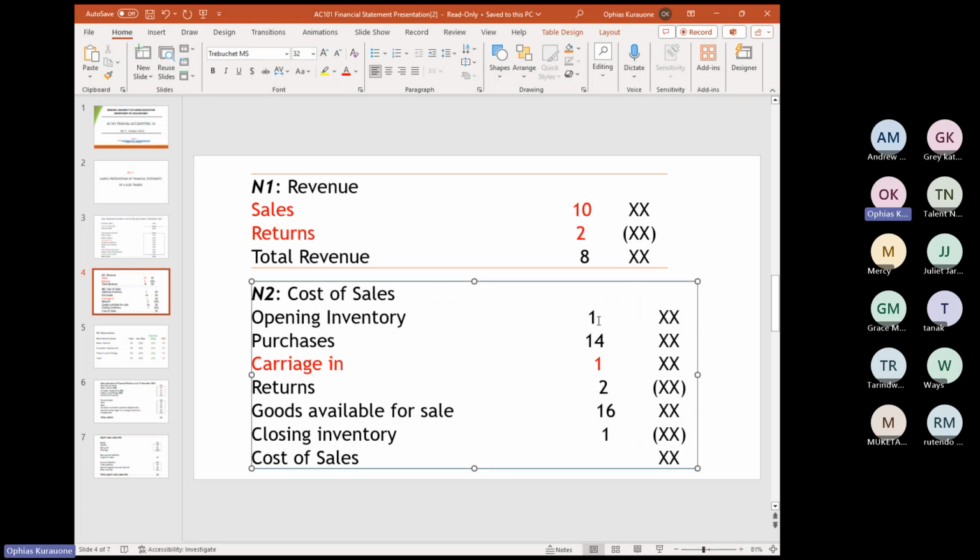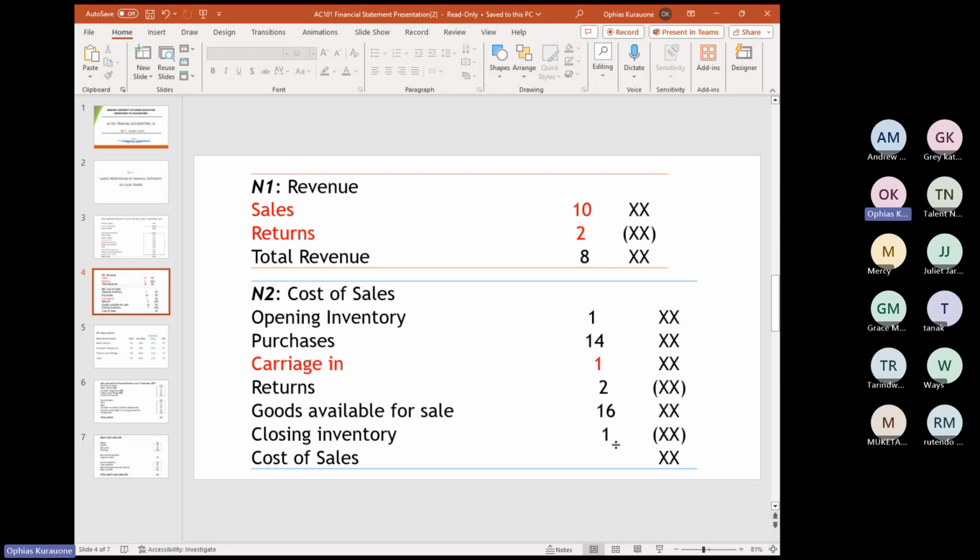But it becomes the closing inventory for the previous year. So the opening inventory is guided by the date, and the closing inventory for the previous year, for that 31 December 2022, was 2,000, which means it becomes my opening inventory for the next year.